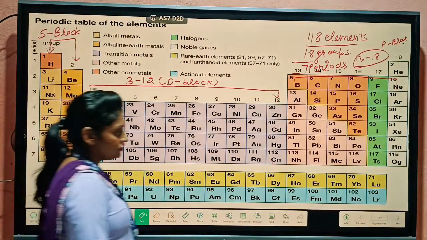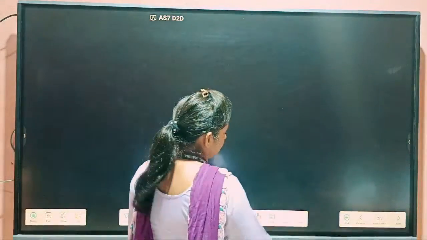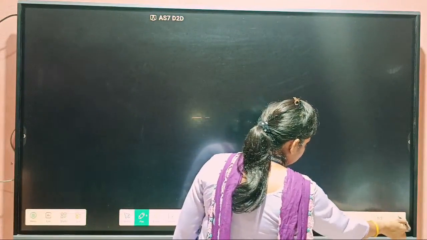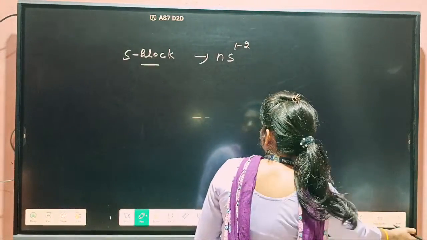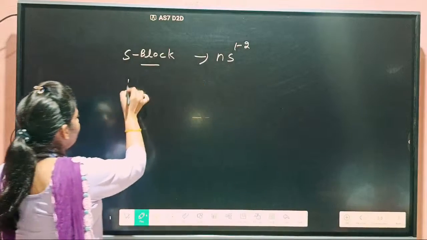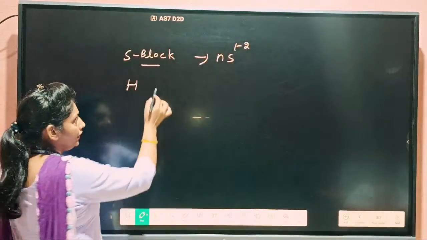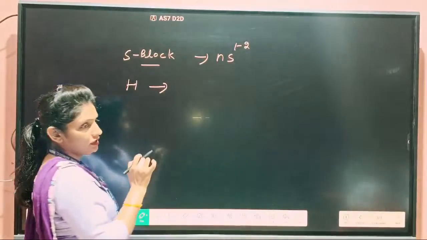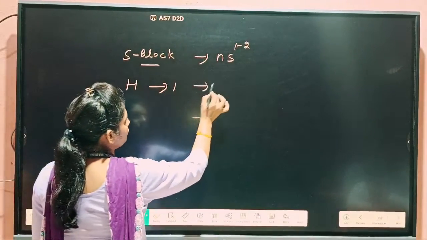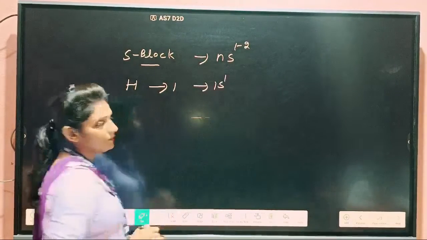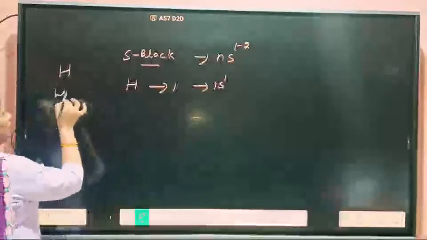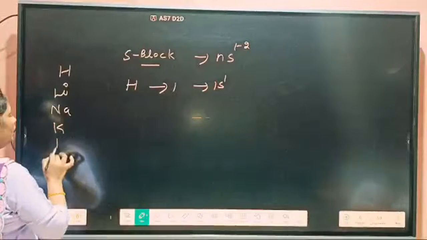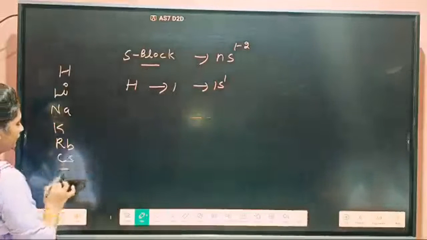and francium. Then students, if I talk about hydrogen, how many electrons are there? 1. So its configuration will be 1s1.